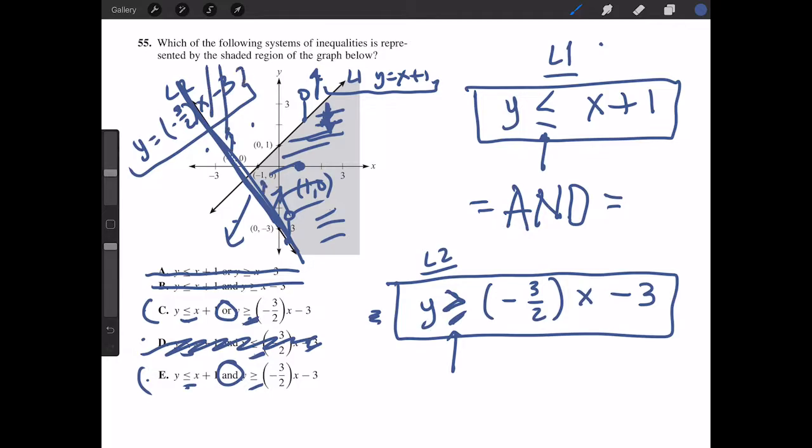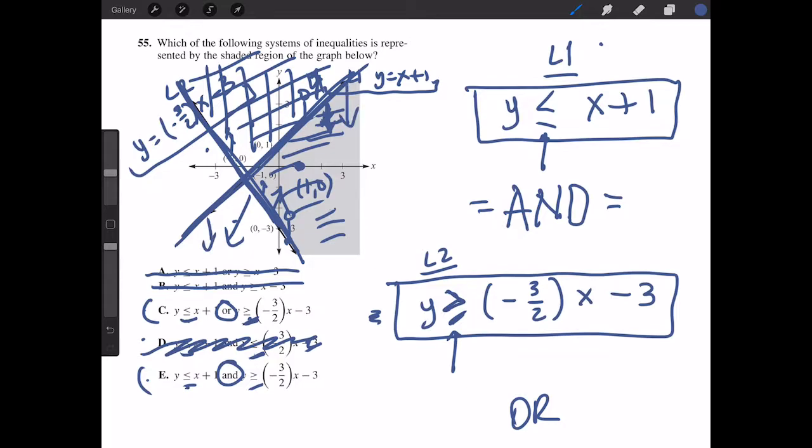This is line 2. And then a greater than means any point above the line. Any. So that means that we would need to see this region shaded as well. If the or option was there, we would see all of this being shaded. To boot, when we look at line 1, this is line 1, right? And line 1 has a less than symbol. That means that anything below the line is going to be valid if we just focus on this line exclusively.